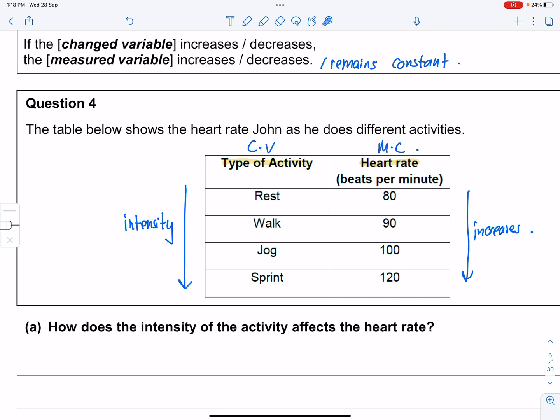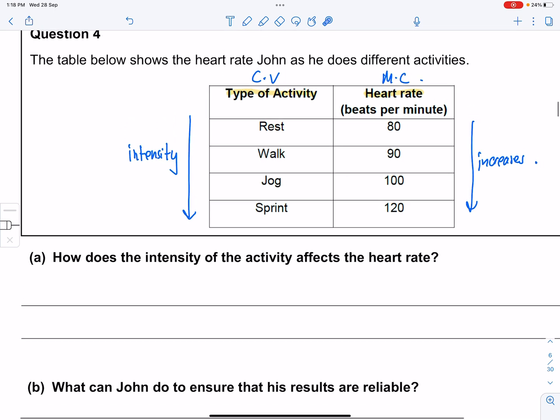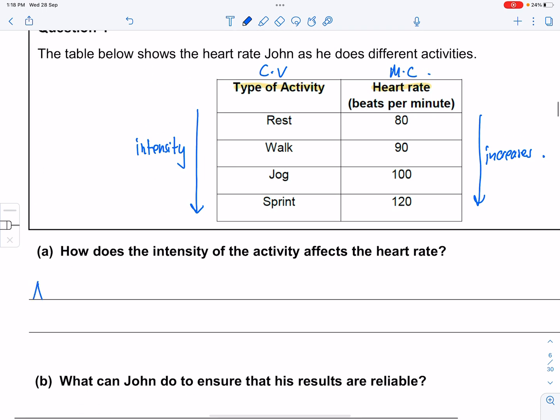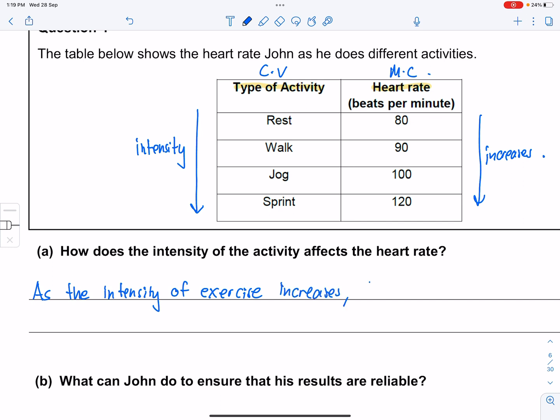Okay? So you would say, as the intensity of exercise increases, the heart rate of John increases.